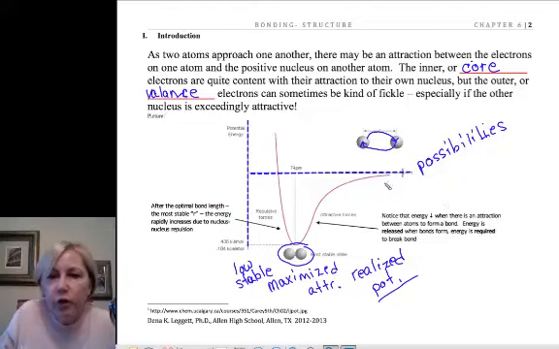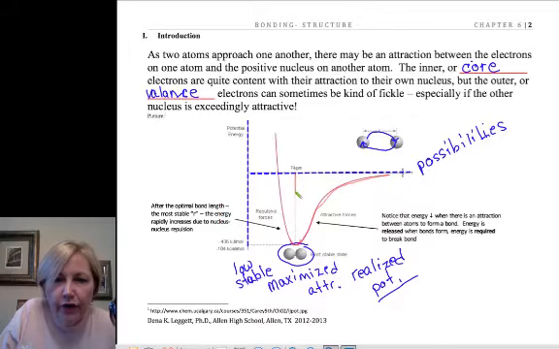Okay, so you notice as they get closer and closer together, as we move down this, the potential energy reaches this optimal place here. That distance where the potential energy is at its optimum is the bond length. And remember, that was measured in picometers.